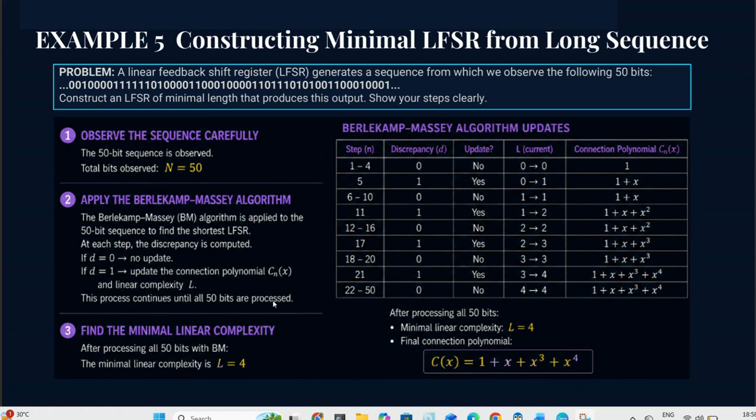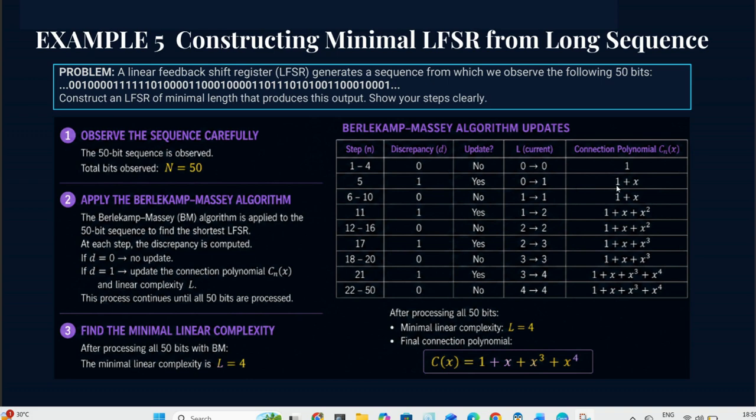Now, let us analyze the Berlekamp-Massey update table step by step. Initially, the connection polynomial is simply 1 and the linear complexity L equals 0, meaning no meaningful LFSR has been identified yet. At step 5, a discrepancy occurs, so D equals 1.